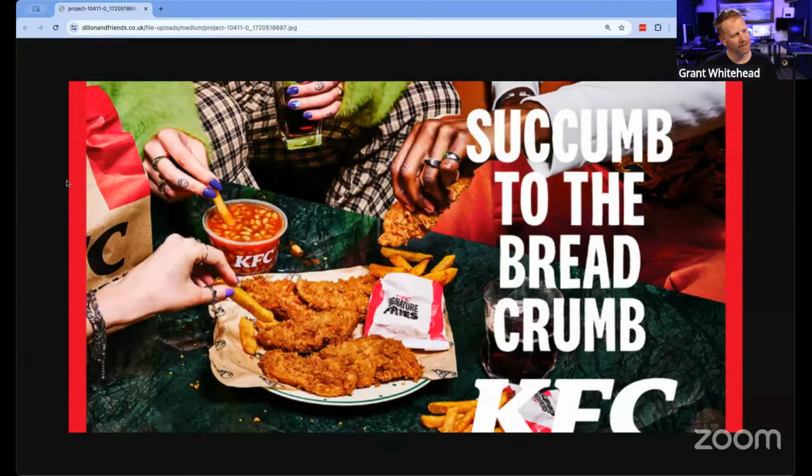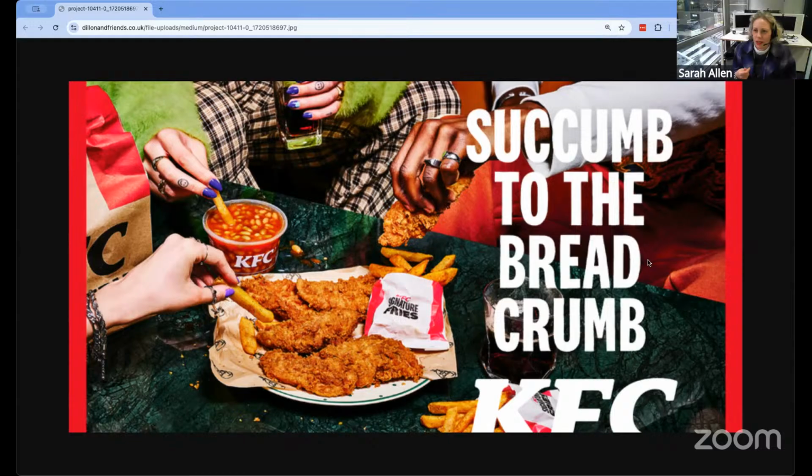We're out of there. But the committee idea, changing things, reminds me of something that I read earlier this week, which was this KFC slogan: "Succumb to the breadcrumb." Well, I can look at it as baked beans. I know, I saw that too.